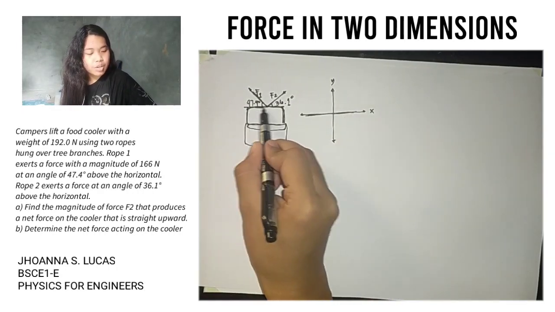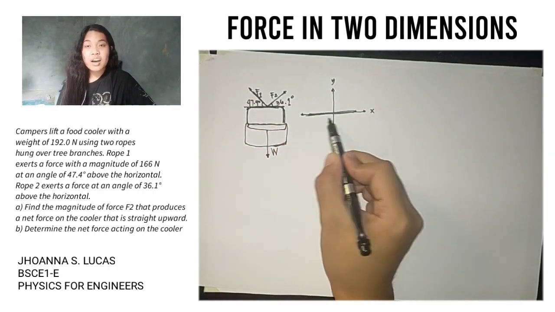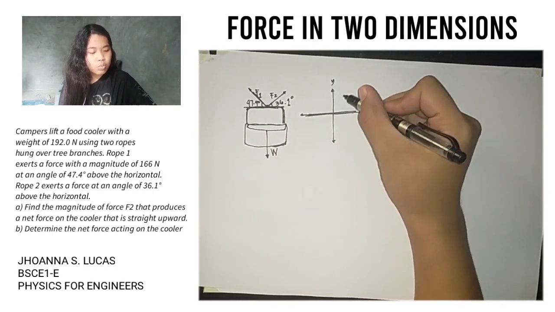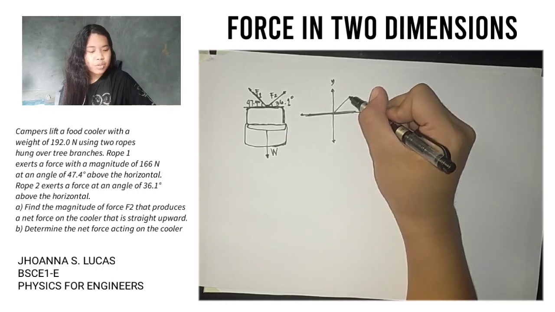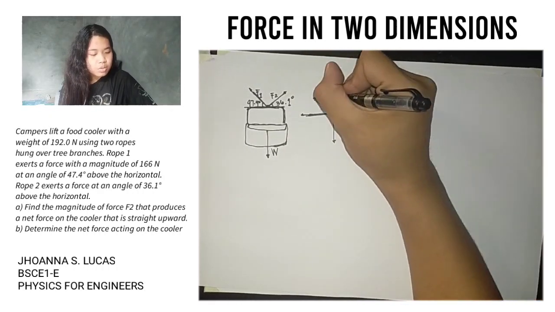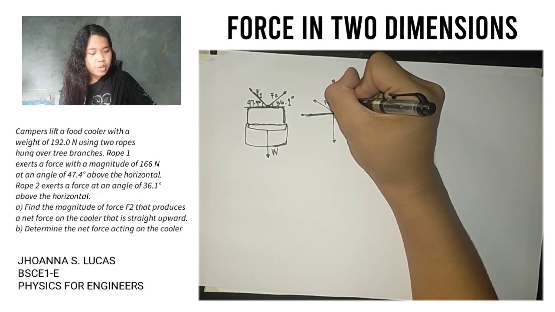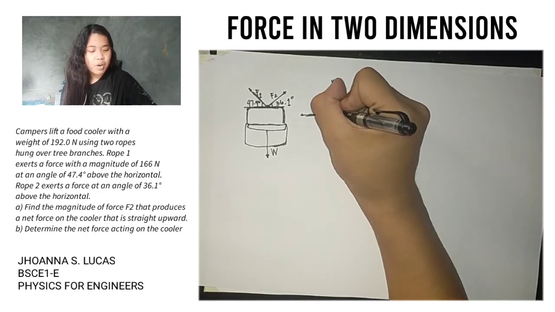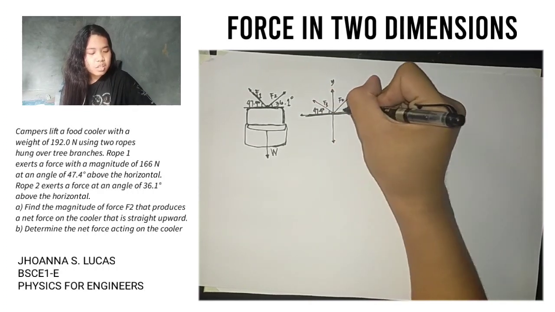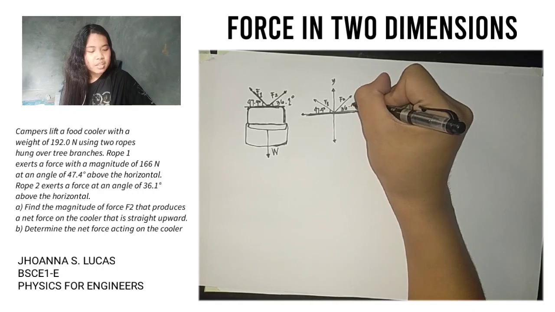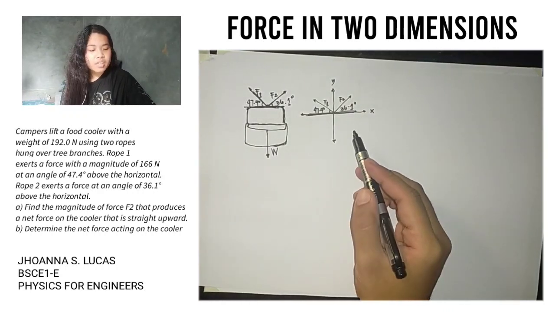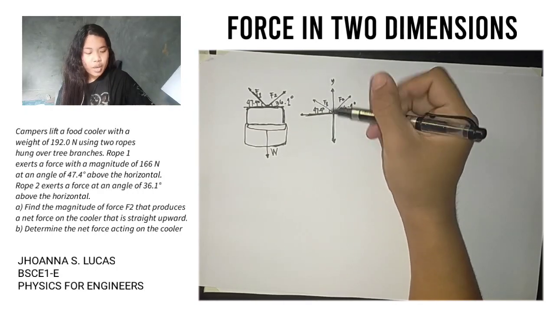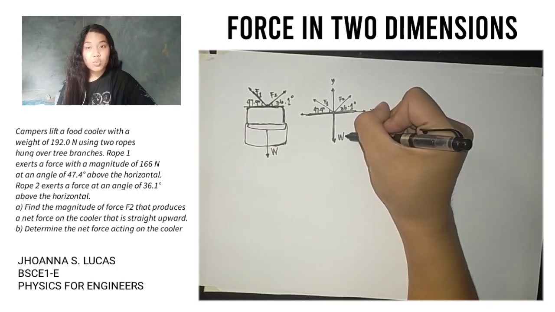So this will be the cooler, and the origin will be the place where the rope is tied. So this will be the 2 ropes where force 1 and force 2 are produced. The angle here will be 47.4 in force sub 1, and for force sub 2 is 36.1 degrees. And in the y-axis downward, this is where we can find the weight of the cooler.